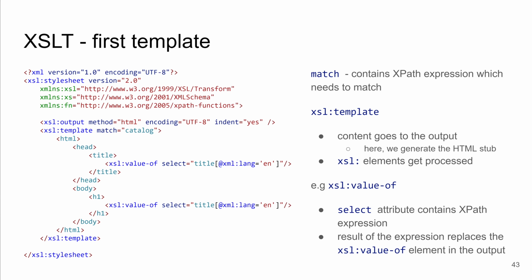One technical note here is that the values of attributes in XML in general are enclosed in double quotes. Therefore, when you need quotes in the XPath expression, like in this case, in the brackets, we need to enclose the value in something.